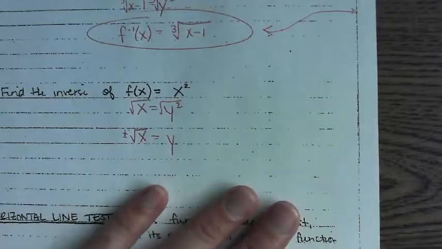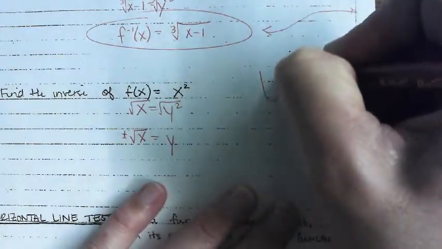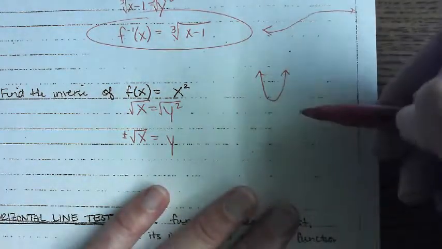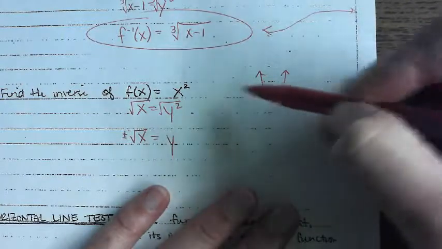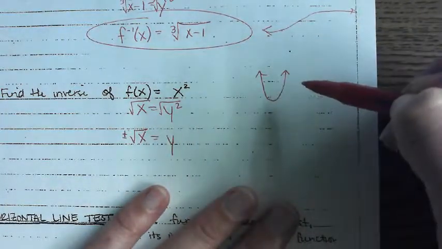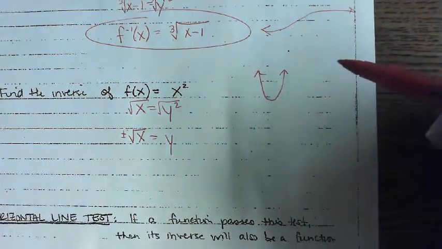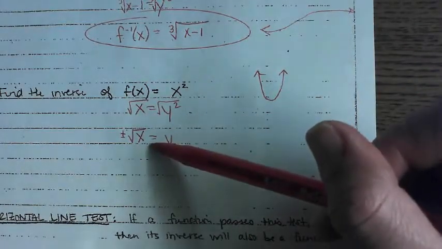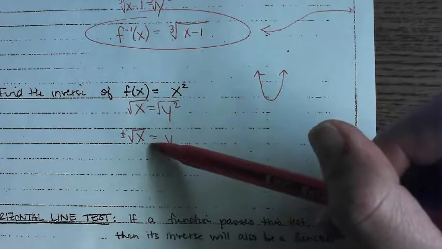That's not going to be the case here, because we all know what the x squared graph looks like. And yes, it is a function, but it is not a one-to-one function because it fails the horizontal. And the reason it fails the horizontal is because its inverse will not be a function, will not pass the vertical.